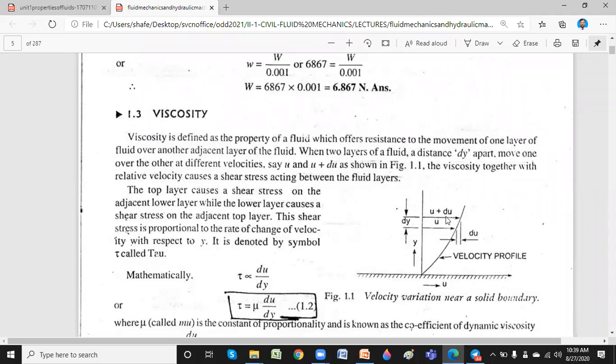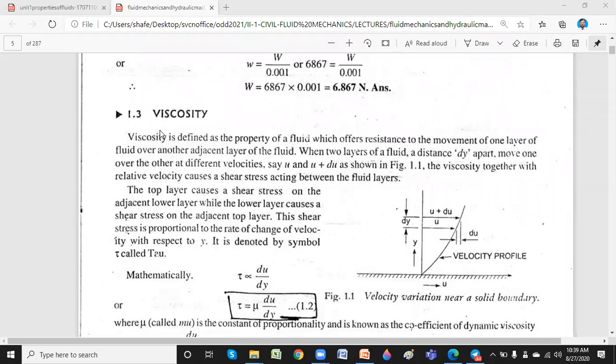Assume there are two layers. This hatched portion is the surface, which indicates that one surface is stationary.